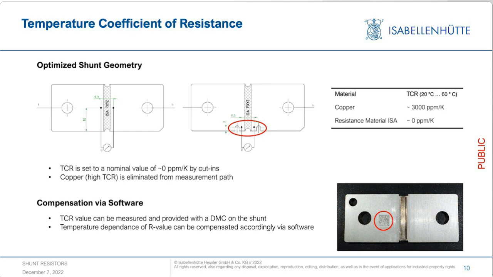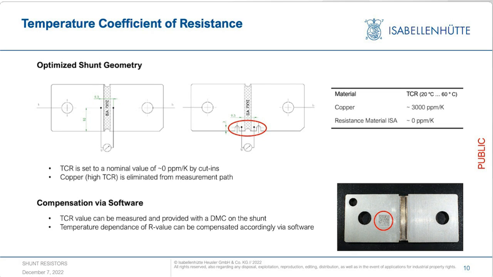Thus, if we place our measurement points into these shadowed areas, we have the high TCR of the copper eliminated from the measurement path, and we just measure the pure TCR of the resistance material. And this enables us to make a device which has really the 0 ppm TCR of our optimized resistance material.